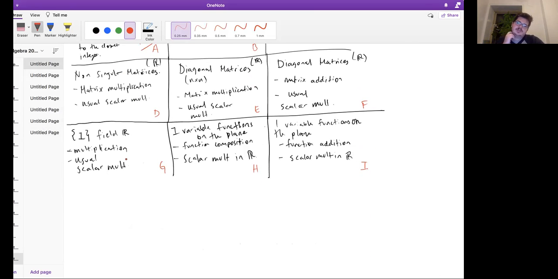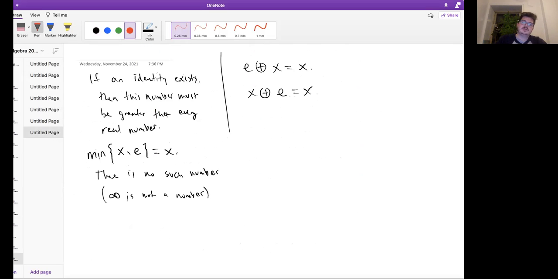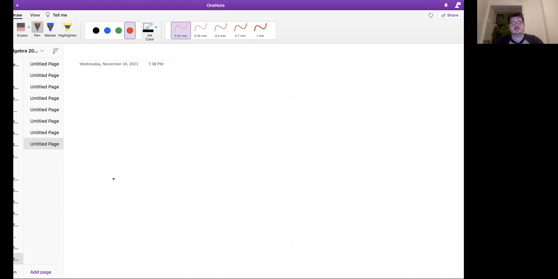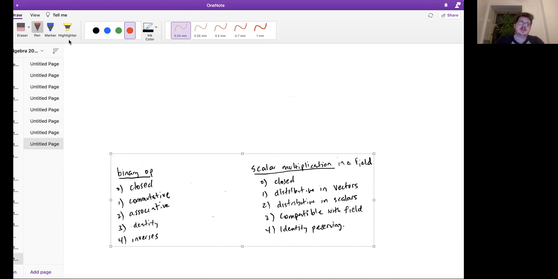All right, non-singular matrices. That's my set. My binary operation is matrix multiplication, and it's usual scalar multiplication. All right, so let's think about that one. Anyone see where that fails?